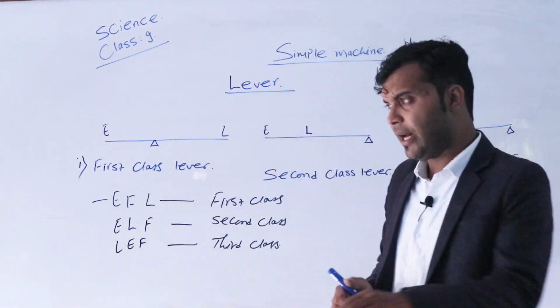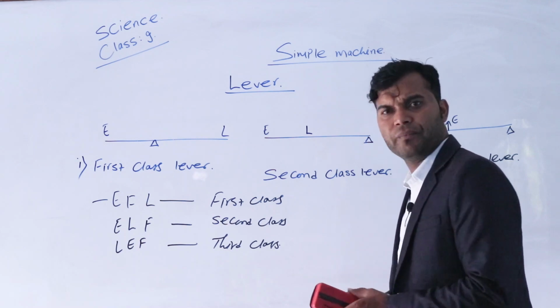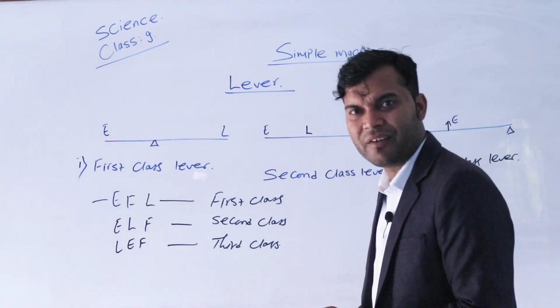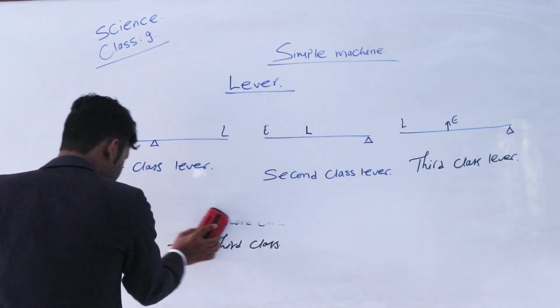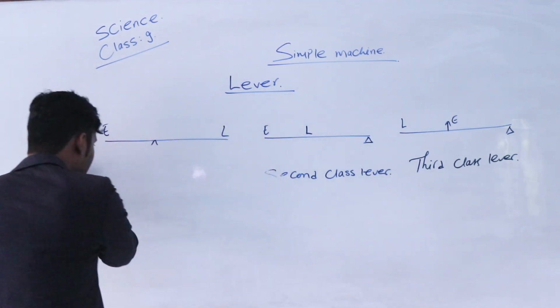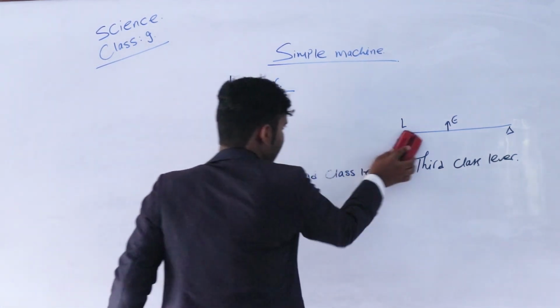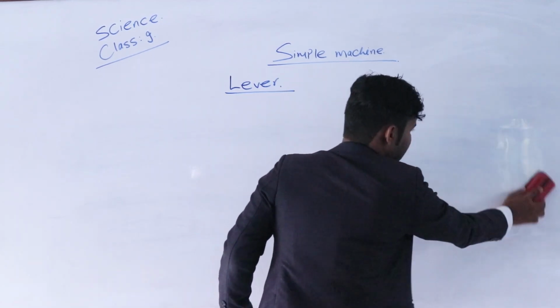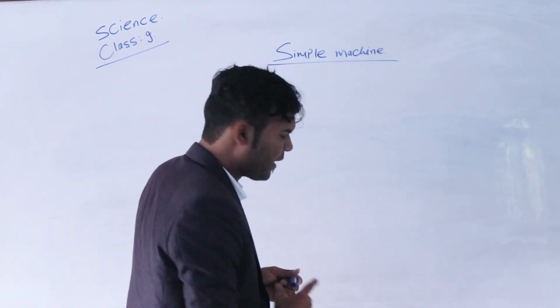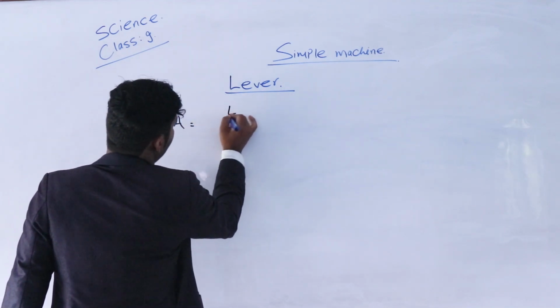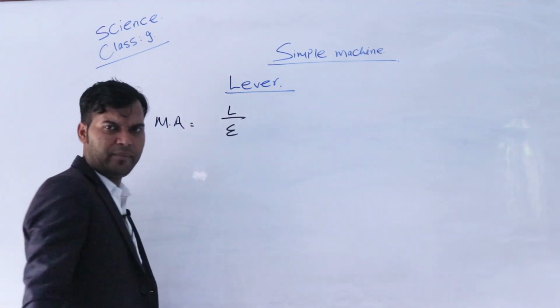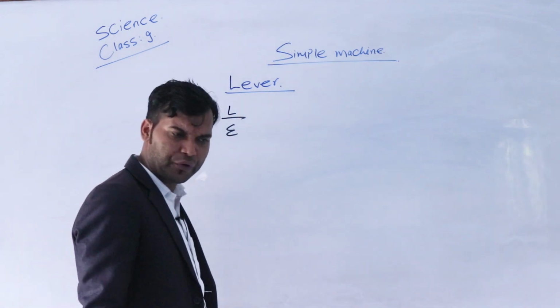Okay. Now we calculate the MA and VR of a lever. How do we calculate the MA? MA means mechanical advantage. MA is equal to load upon effort. MA means load upon effort.